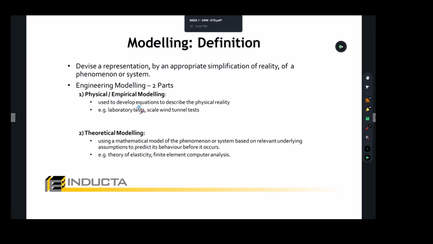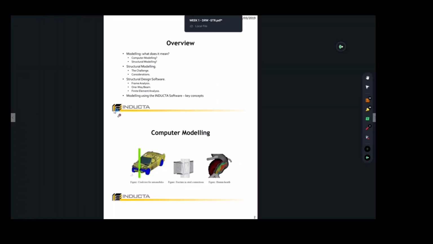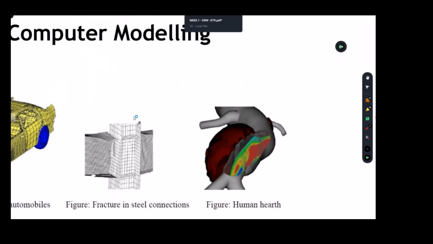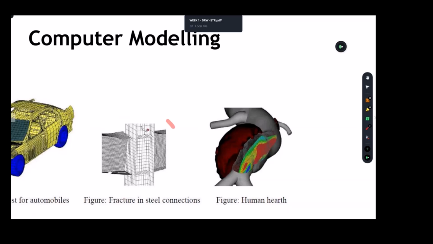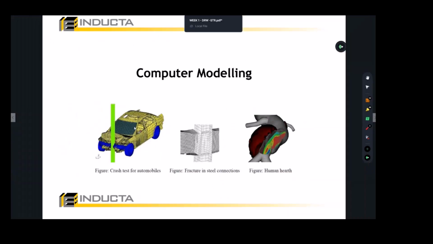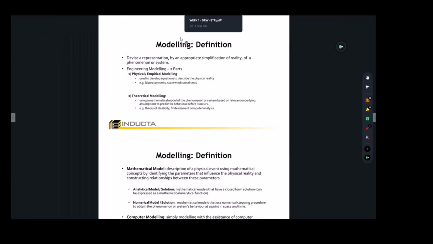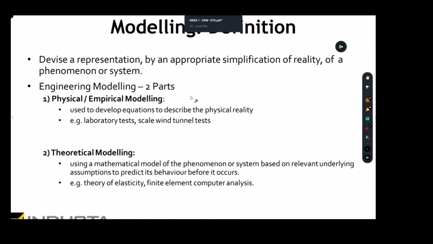If it's a small thing, like a small connection like this one, you can build this in the lab, put some measurement tools on it and find out stresses and strains, then do it by a computer program like ANSYS and compare it, and then say my theory is working or not working. That's if you are doing research.